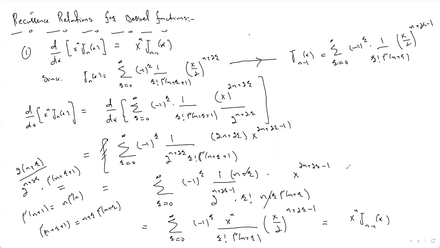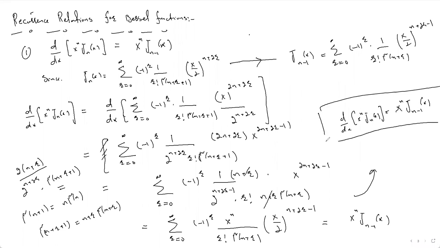So that is why I write this term as Jn minus 1. Sometimes if you write n plus 1, it will change accordingly, right? So we proved that d by dx of x raised power n Jn of x is always equal to x raised power n Jn minus 1 of x. So this was the first relation we were supposed to prove, right?